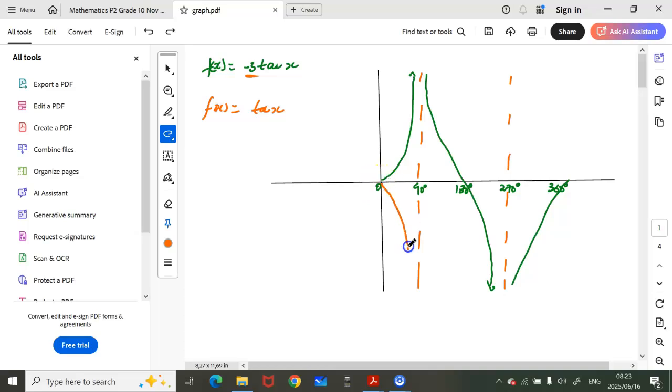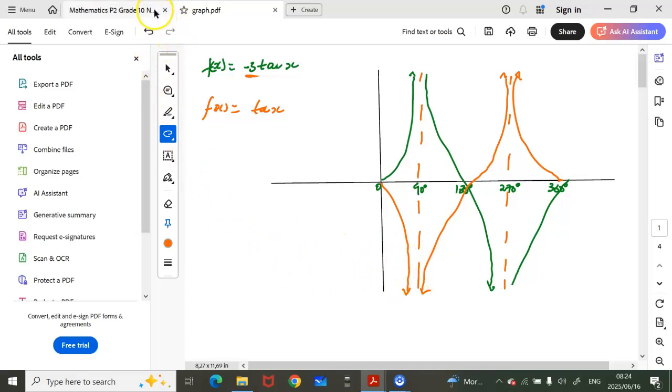Since it went down, it will come from this direction again, pass 180, and close to the asymptote, and then it has to come from the top going to 360. The orange one is the graph that we are looking for. And that's how we can do it.